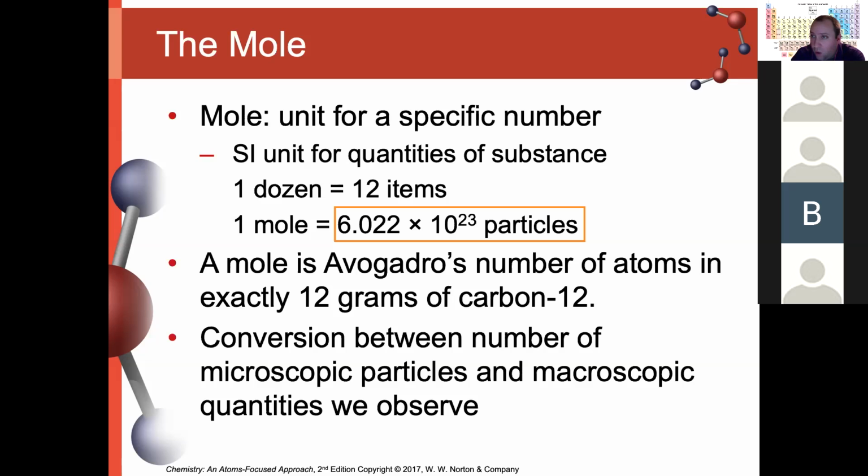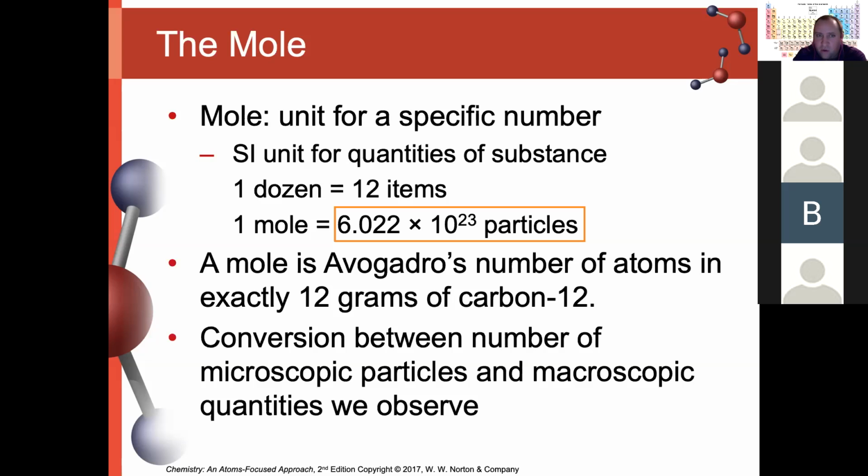And so 1 mole is that many particles. So there are Avogadro's number, 6.022 times 10 to the 23rd atoms in 12 grams of carbon-12. There are 6.022 times 10 to the 23rd atoms of carbon-12 in 1 mole of carbon-12. And so every other determination of the number of molecules, every other mass, is based off of those determinations.